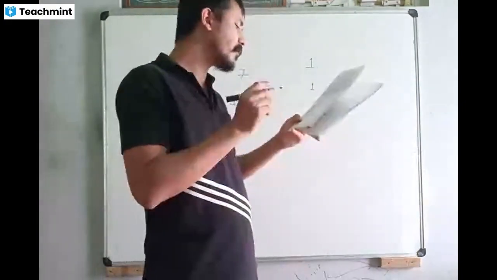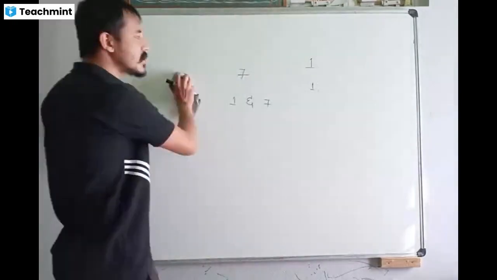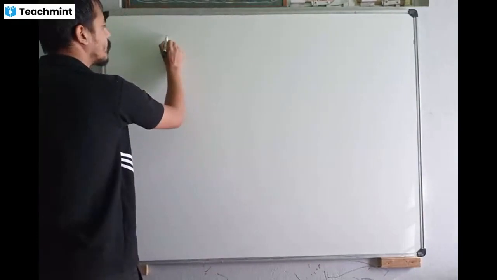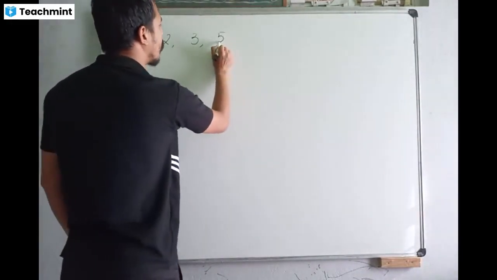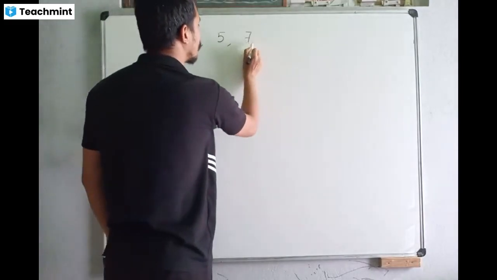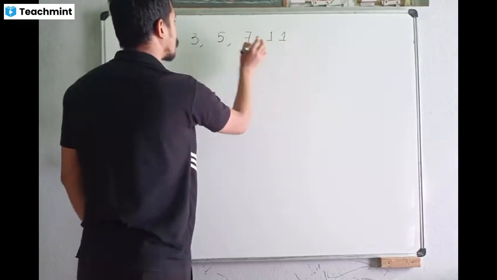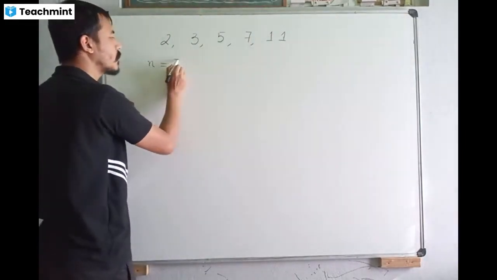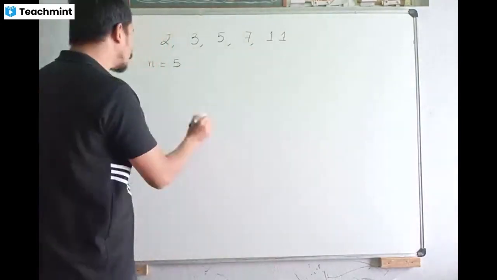Okay? So we have to find the arithmetic mean of the first 5 prime numbers. So let us list them out. The first 5 prime numbers are 2, 3, 5, 7, and 11. Here your n is 5. We have 5 items in this series.